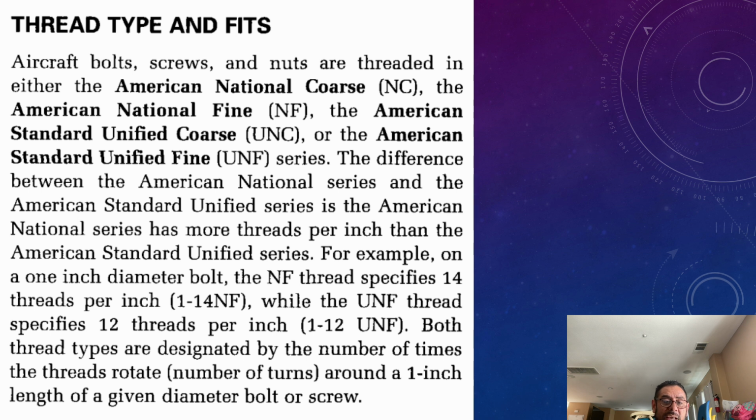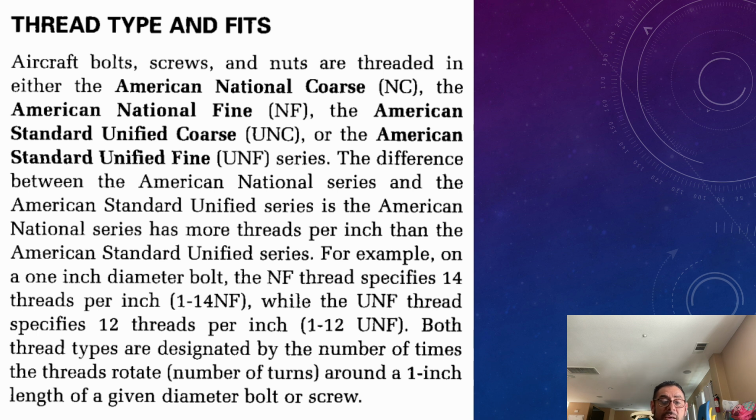Thread type and fits. Aircraft bolts, screws, and nuts are threaded in either the NC and NF, or the UNC and UNF series. The difference between the American National Series and the American Standard Unified Series is that the American National Series has more threads per inch than the American Standard Unified Series.